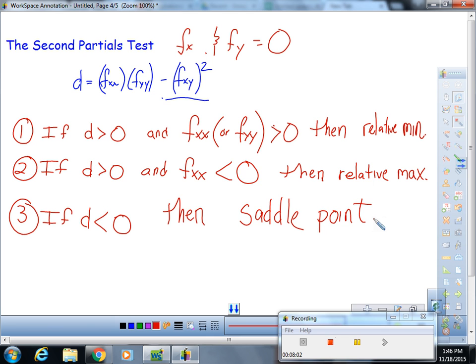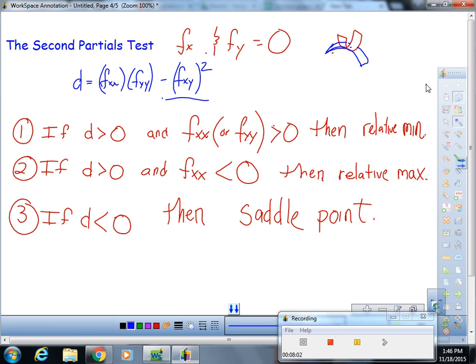A saddle point is a point on a saddle. It's a point that could be considered a relative min and a relative max at the same time. And that's not a very good saddle, but that's the best you're going to get out of me. See your book.